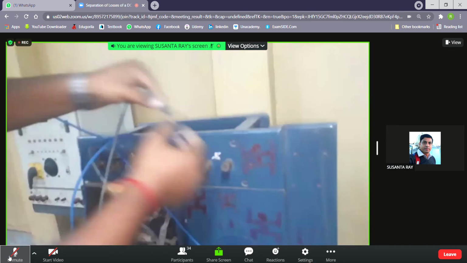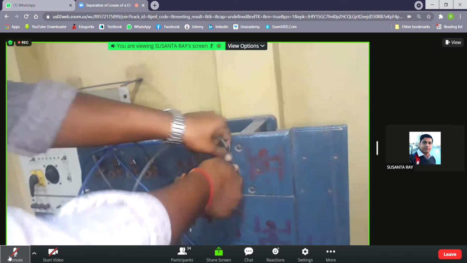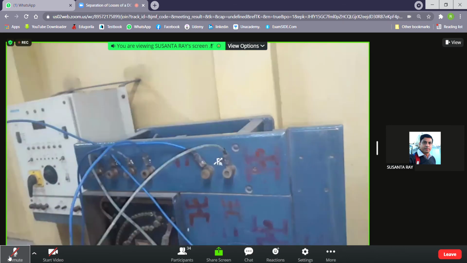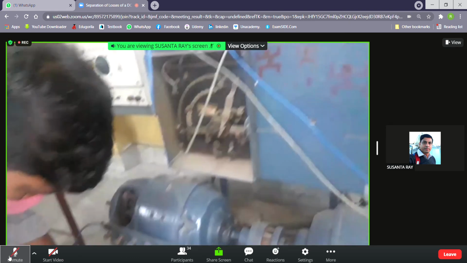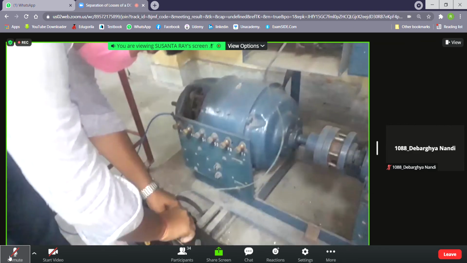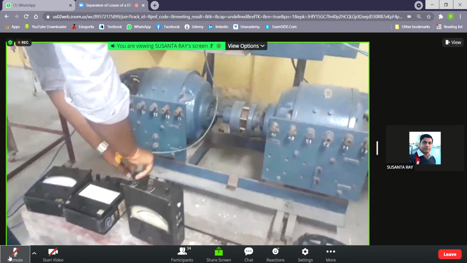Okay, if to this variable resistance, then where will it go? F1. Just see. He is connecting the ammeter, whether he is doing it correctly.